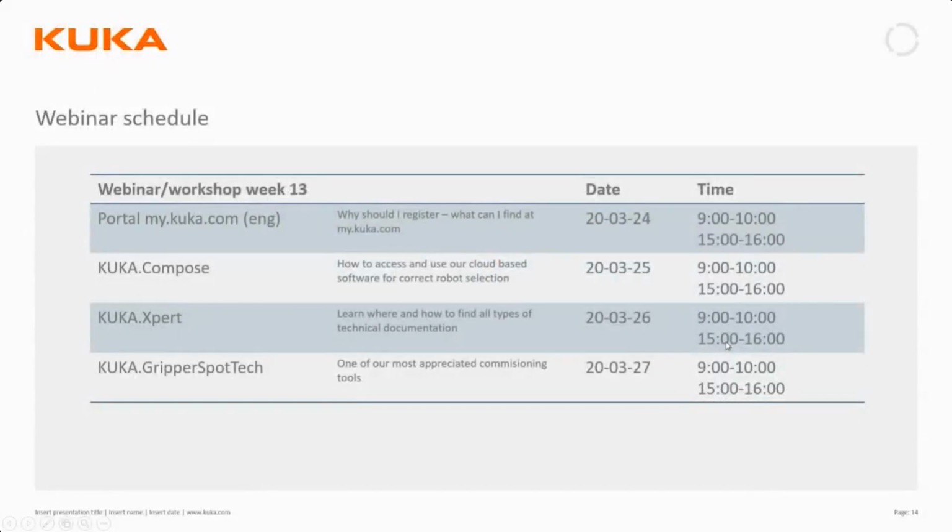So before I leave you, I would like to promote our upcoming webinars. I've already mentioned them, that we have 3 more planned for this week. Kuka Compose and Expert, I have talked a lot about already. We also have on Friday a webinar on something called Gripper Spot Tech.